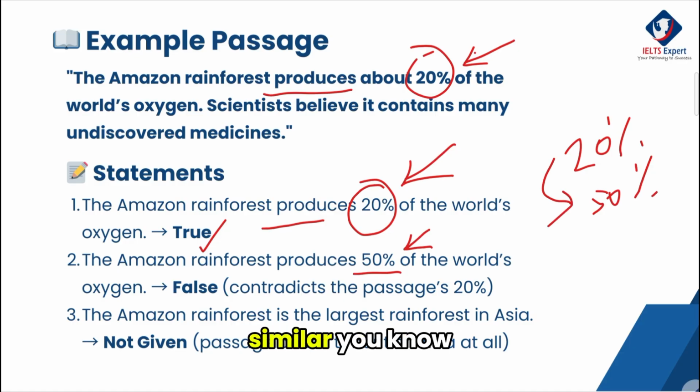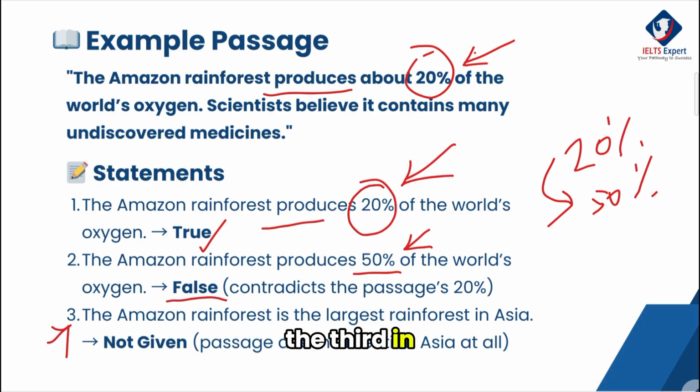Similar information, similar idea and context, but the exact number, the fine detail, shows a huge difference between the numbers. So you can decide that's false, because the statement contradicts the passage.